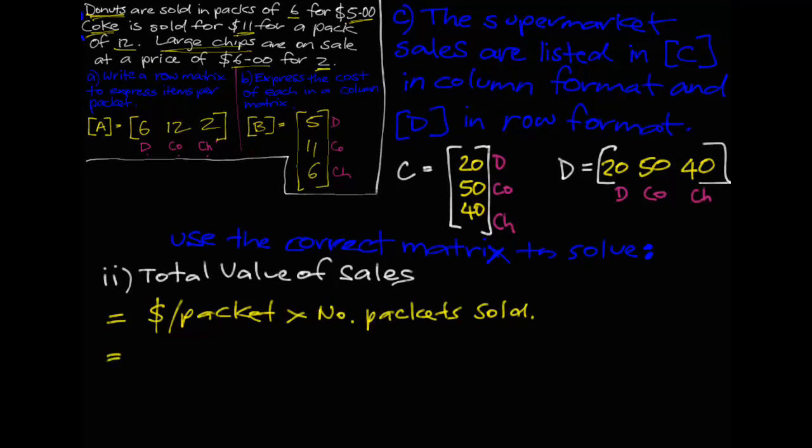So now we are working with B matrix, but because it's a column matrix and we want to end up with a single value, we want to have another matrix multiplying by the B matrix. And that matrix will be the D matrix.